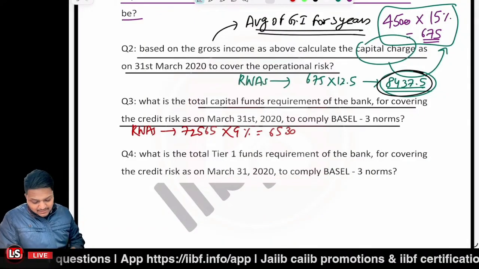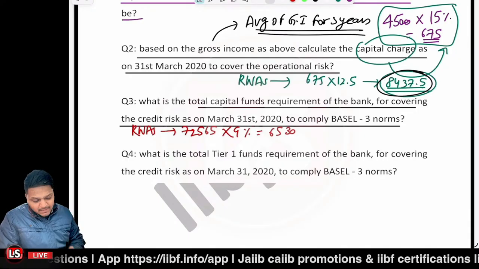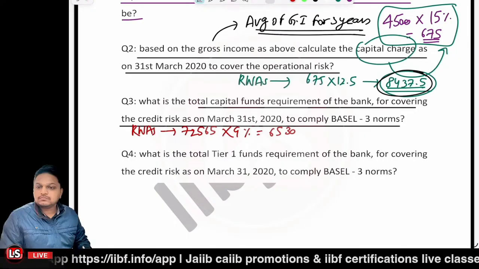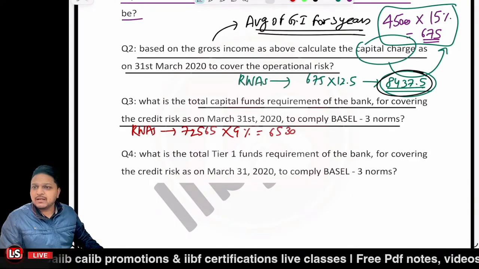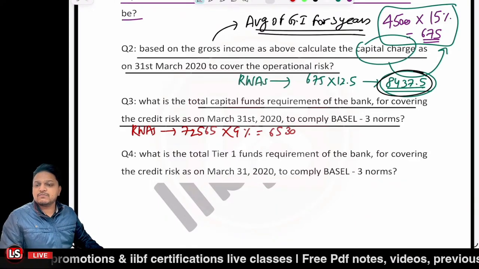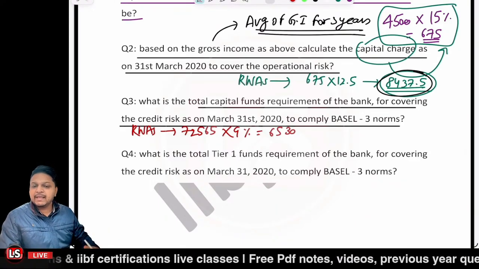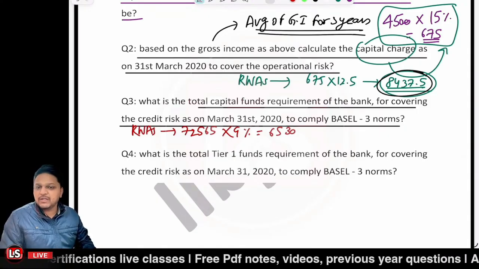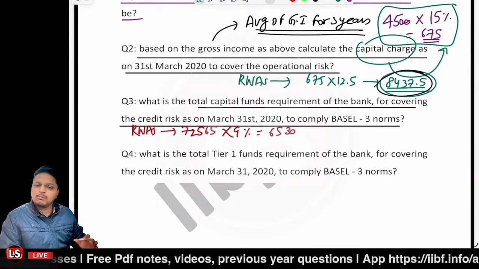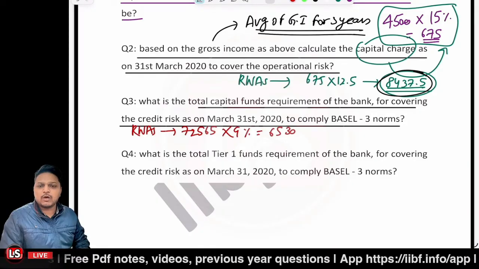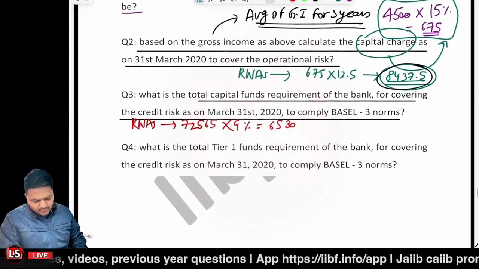But this is representing the minimum capital. Because in the question we are not given the capital data of the bank, such as the different components, we'll be limiting it to the minimum capital requirement. So this is how we can solve it.